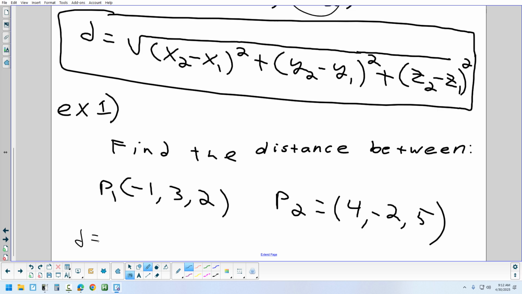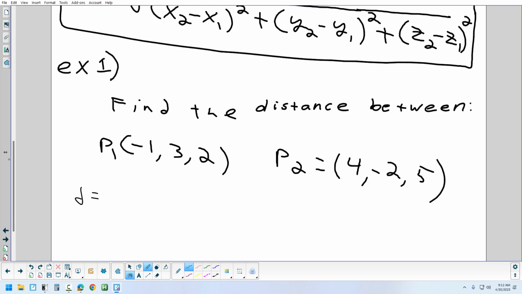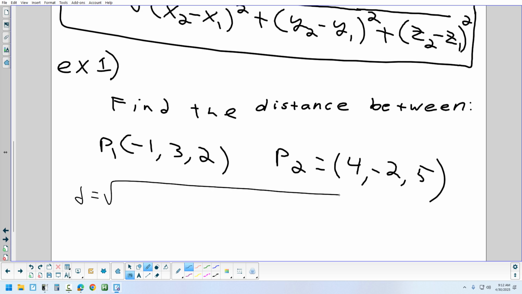Just leave blanks for everything you need to fill in. Okay. So we've got square root, and we're going to have 3 differences, all squared and added together. That's how I would do the problem. Set that up first.